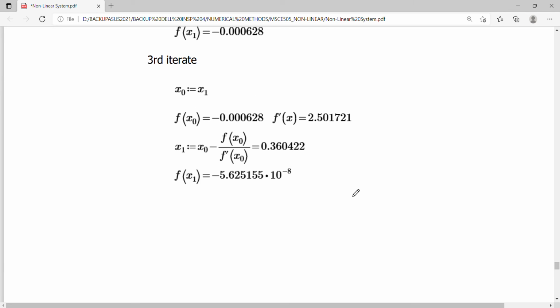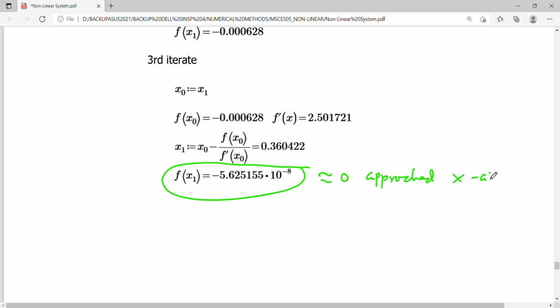Okay, so at this point you can stop because the functional value here is almost zero, meaning to say you have approached the x-axis.